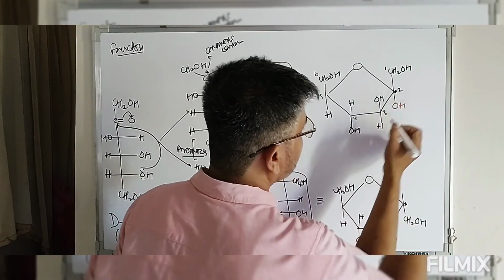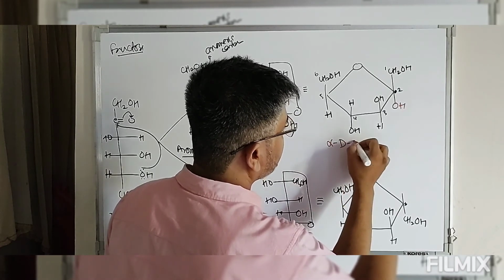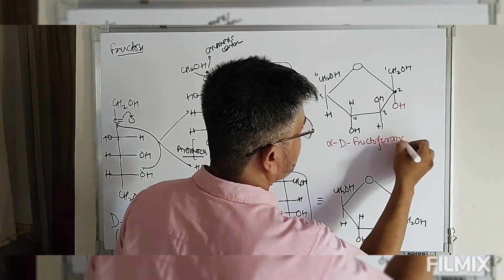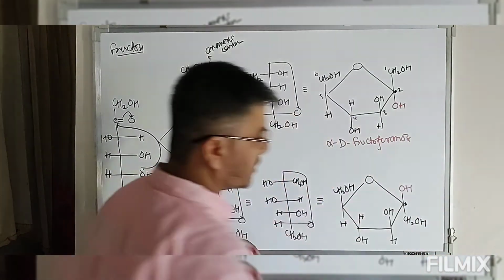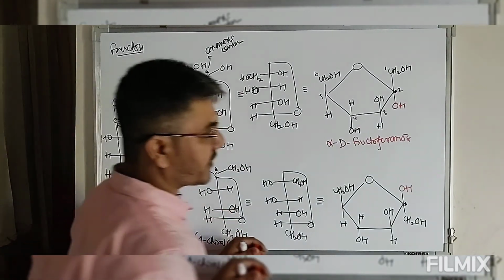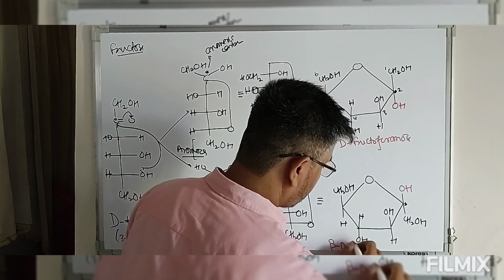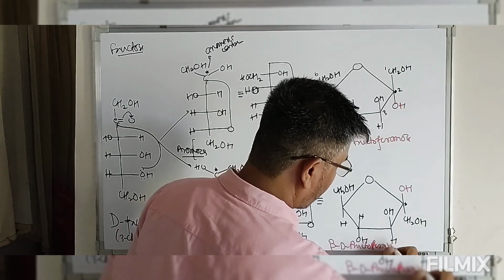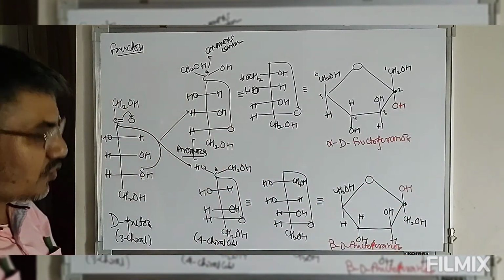So OH below the plane is known as alpha-D-fructofuranose. If the OH at the anomeric carbon is above the plane of the ring, then we say this is beta-D-fructofuranose. These two are anomers.